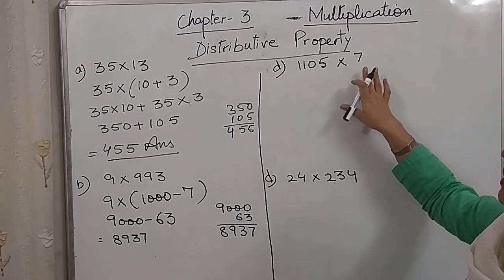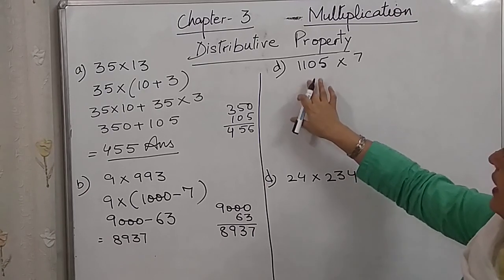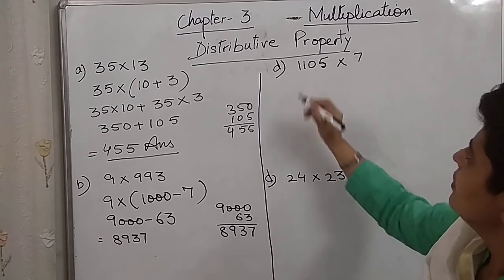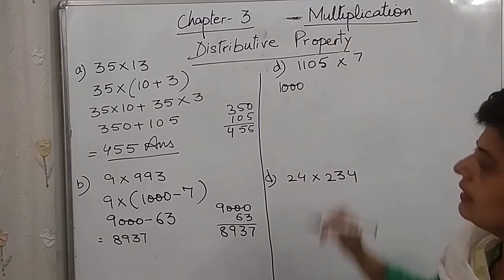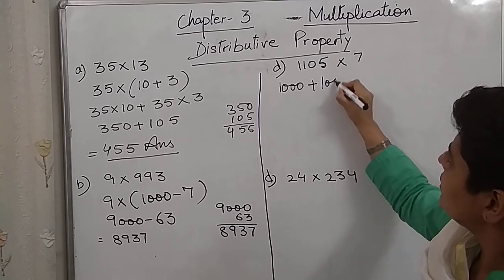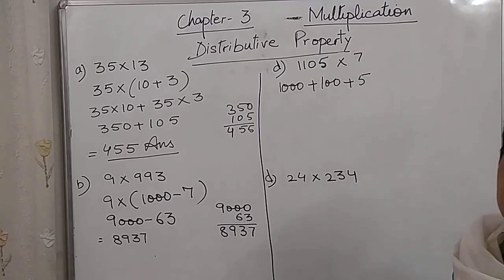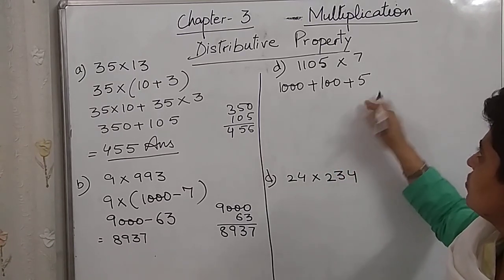Next, this can be broken. This can also be broken. And I think if we break this number, it will be easier. Now, let's try to break it into multiples of 10. 1000 plus 100 plus 5. Yes, we can break it into 3 parts also.